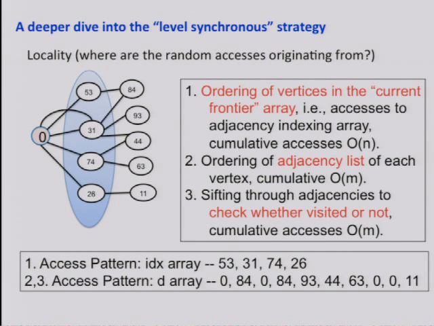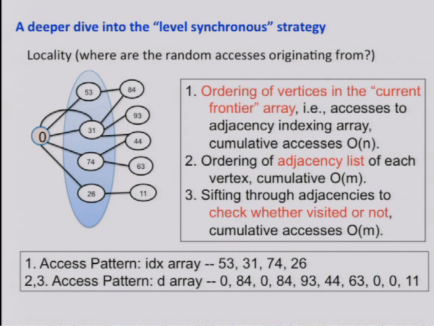You will be accessing all of these vertices at some point during the iteration. For every vertex, you will visit once, hopefully, if your algorithm is not incorrect. So the total number of accesses you'll do to index the adjacency arrays is O(n). But for every one of those vertices, you will scan its outgoing edges. Throughout the execution of the algorithm, you will do it once for every vertex, scan its adjacency. So there's going to be O(m) accesses.